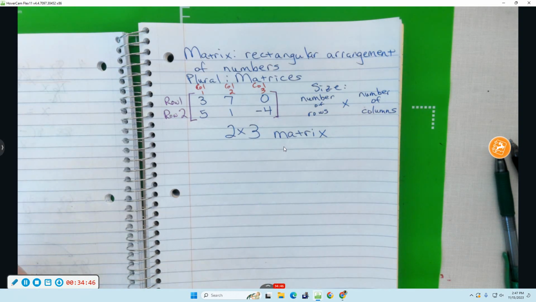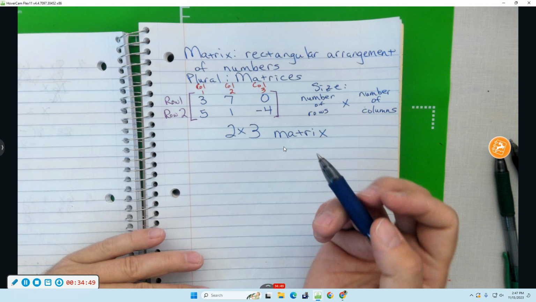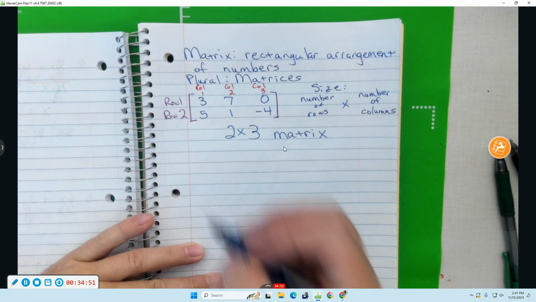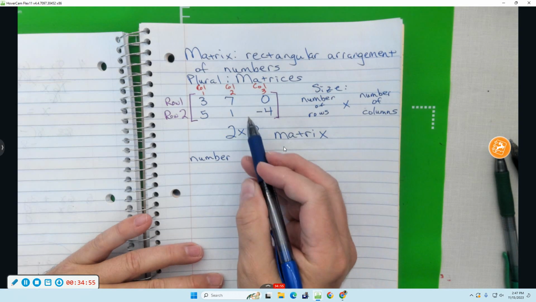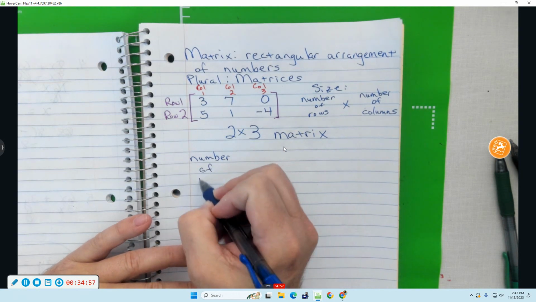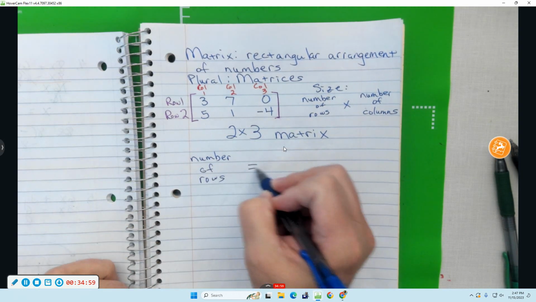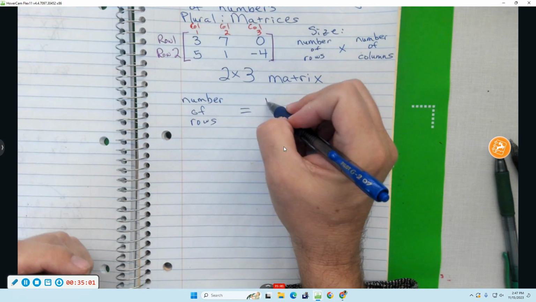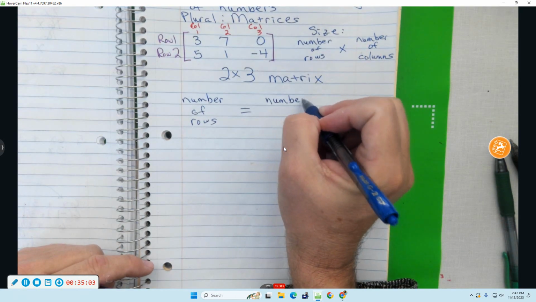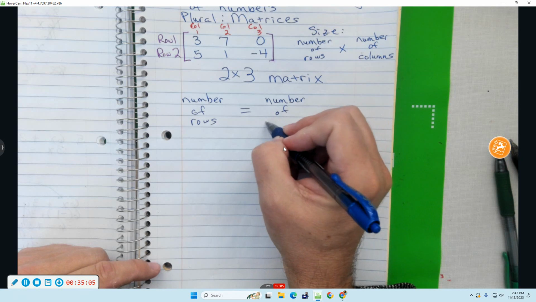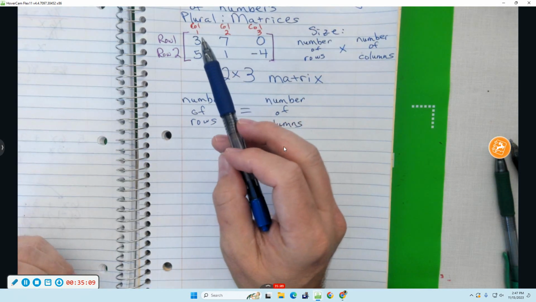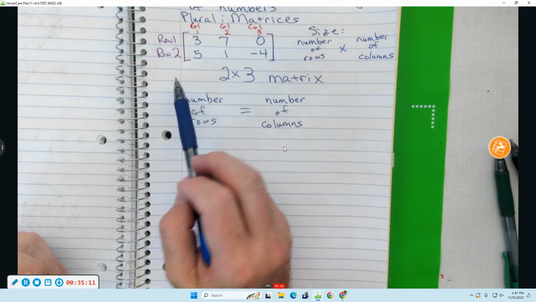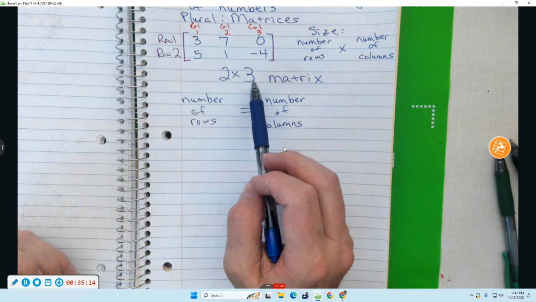And there's a special type of matrix where the number of rows is equal to the number of columns. We don't have that in this example here. But if the number of rows is equal to the number of columns, I bet you can help me figure out what these things are called. What do you call a rectangle where the vertical distance and the horizontal distance are equal?